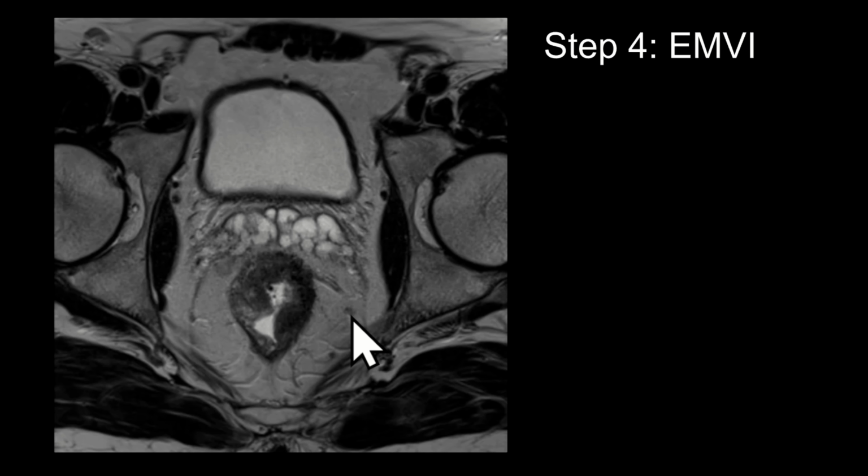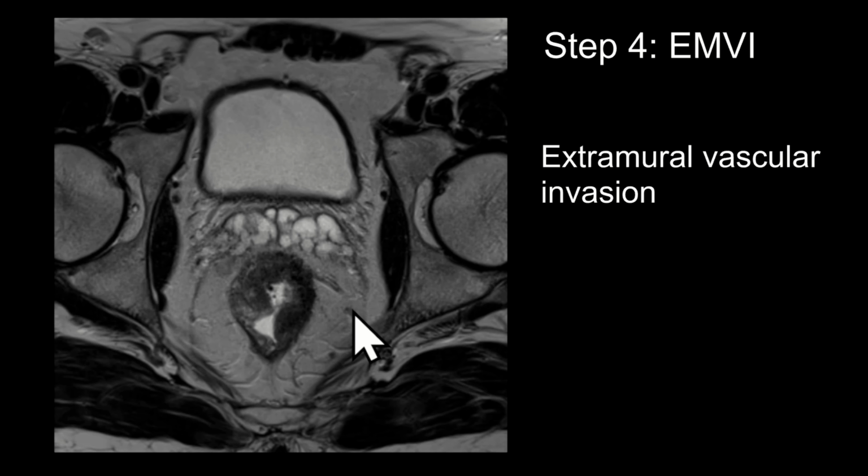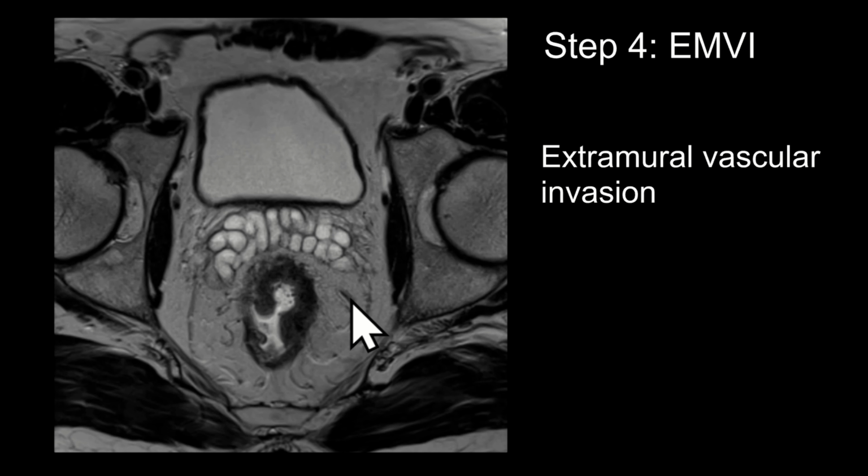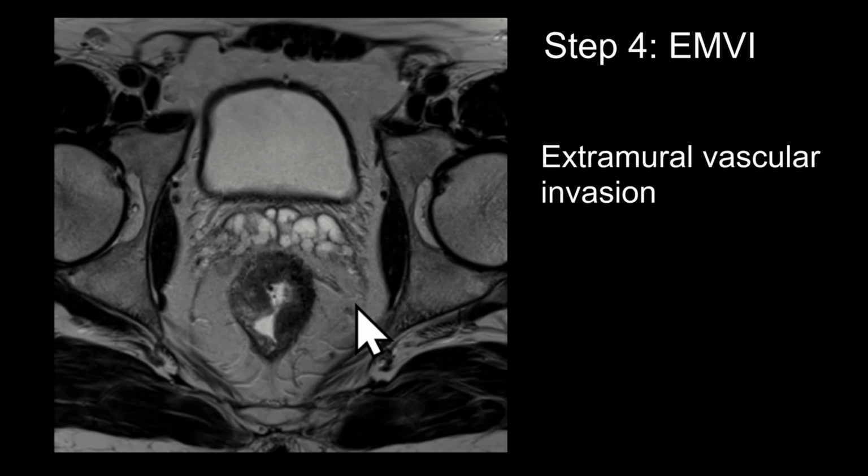Okay, and so then back to our original case. Step 4 is to specifically look for EMVI. So EMVI stands for extramural vascular invasion and refers to tumor extending into the vessels in the mesorectum. So EMVI is a predictor of metastatic disease and is a poor prognostic factor. So on MRI, to call EMVI, you want to see tumor signal that is contiguous with the primary tumor inside the vessels in the mesorectum.